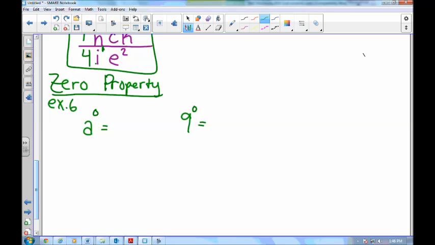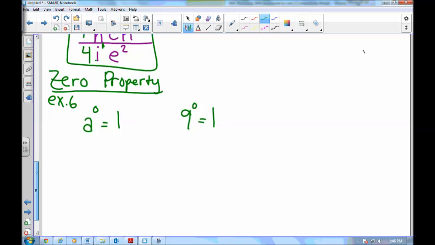So this equals 1. This equals 1. Anything to the 0 power is 1. Whether it's a variable to the 0 power, or a whole number, or an integer to the 0 power, besides 0. Okay? So don't leave zeros in your final answer. If you have something to the 0 power, just erase it. It should not be in your final answer.